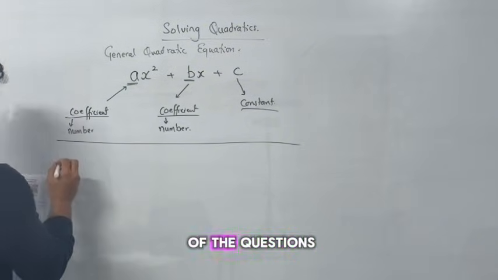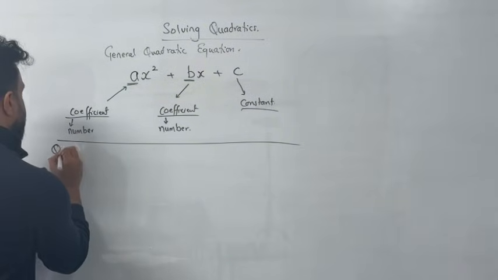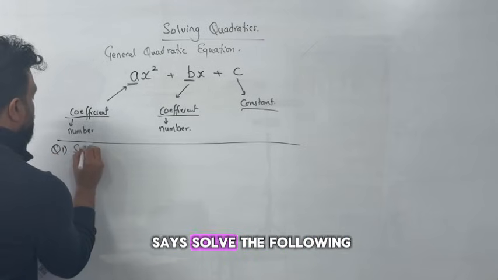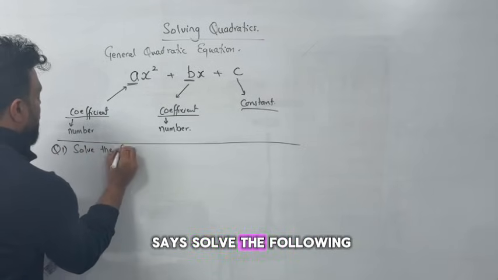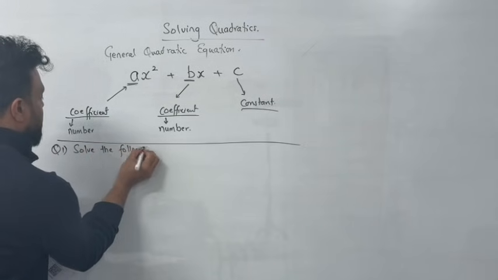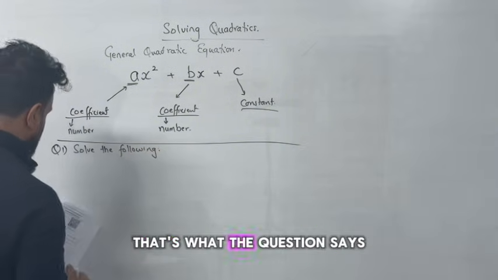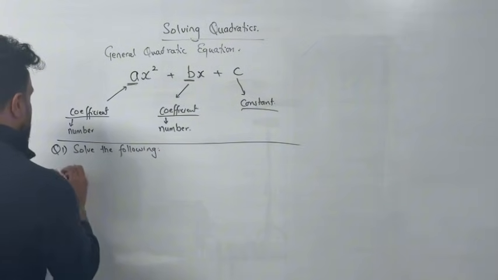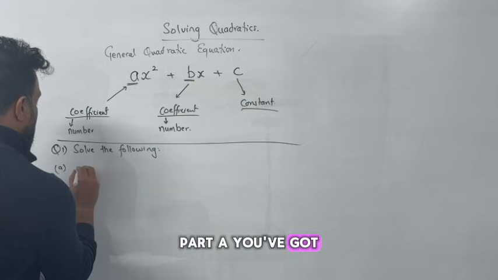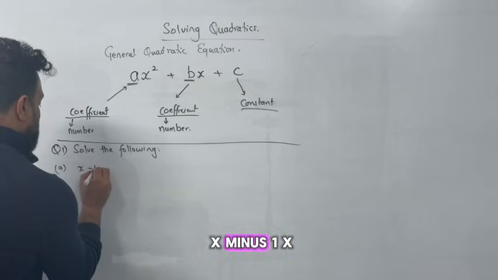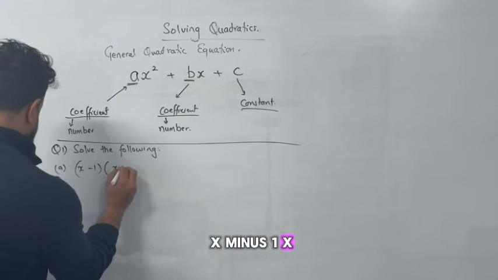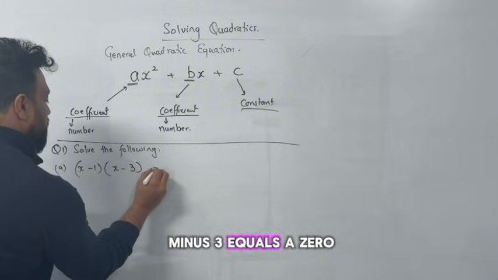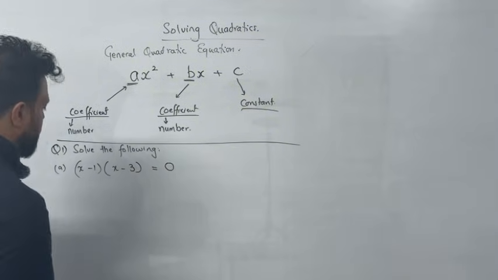Now let's see one of the questions. Question number 1, it says solve the following. Part A, you've got x minus 1, x minus 3 equals 0.